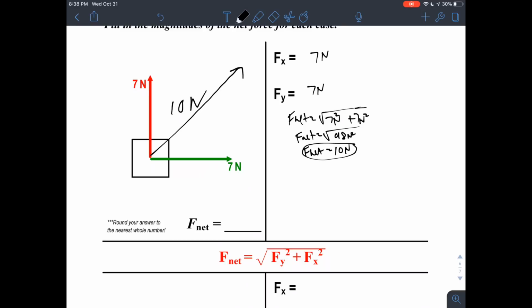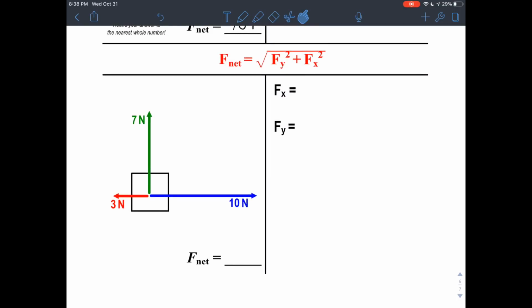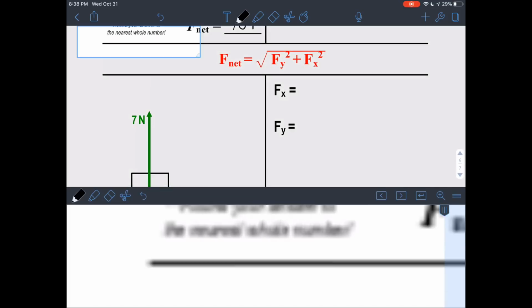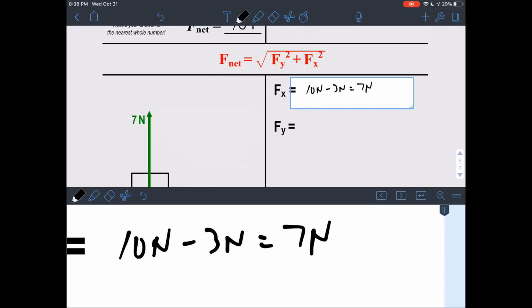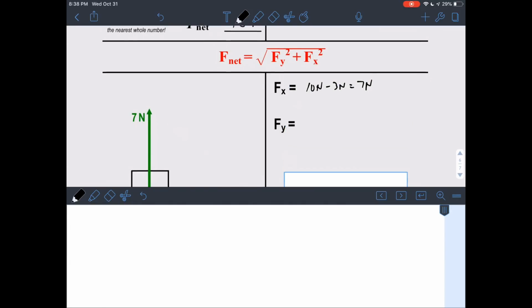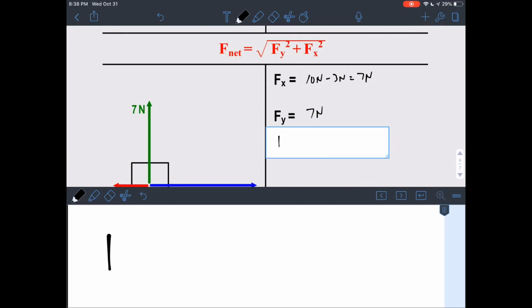All right, so we'll keep going here. For this one now, we have 10 newtons to the right, 3 newtons to the left. So we'll go ahead and isolate those horizontally. We will take our 10 newtons and subtract our 3 newtons, and that ends up being, yet again, 7 newtons, this time to the right. And our vertical force is just 7 newtons up. So this should look pretty familiar.